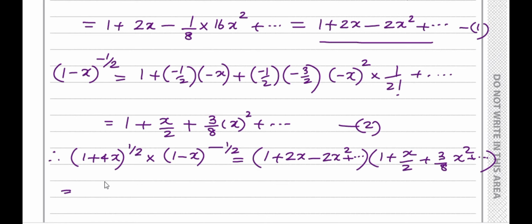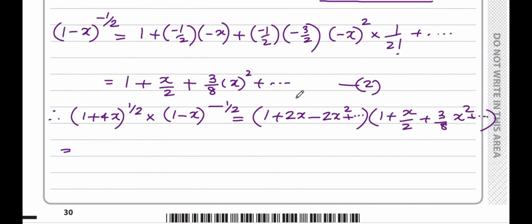For simplifying, we need to multiply 1 with every term in the second. So 1 plus x over 2 plus 3 over 8 x square plus 2x times 1 is 2x plus 2x times 3 over 8 x square is going to be 3 times 2, 6, 6 over 8 x to the power of 3.